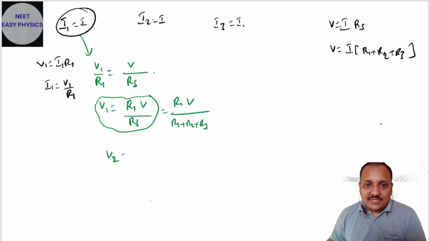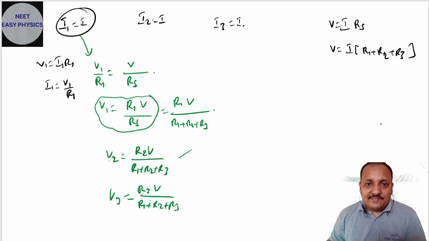So with our common sense, we can write V2. Whenever we got V1, we got R1. Whenever we got V2, you will get R2 V by R1 plus R2 plus R3. V3 also you can write, R3 V by R1 plus R2 plus R3. So these are important equations: voltage across the first resistor, second resistor, third resistor.